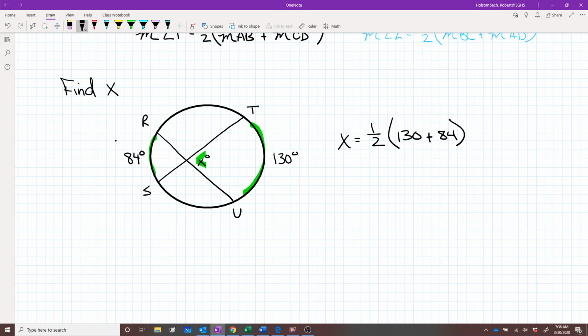So our x is going to be equal to 1/2 of 130 plus 84, 214. So x is going to be equal to 107.